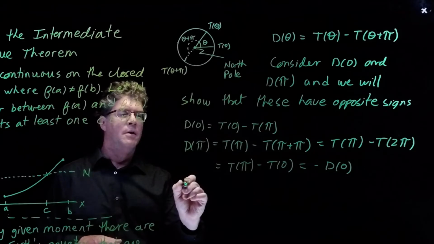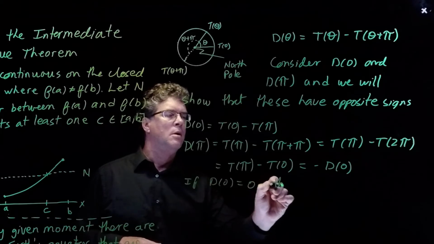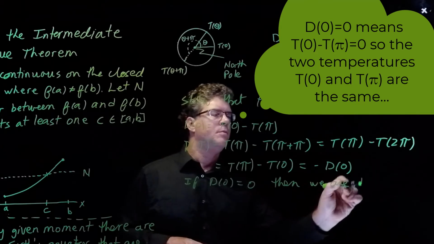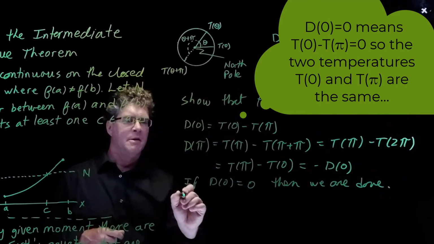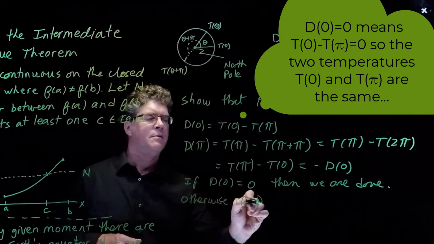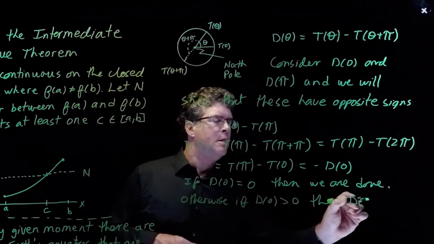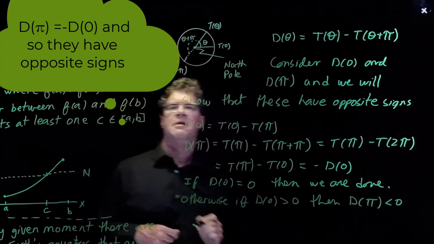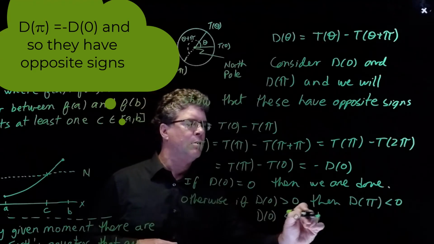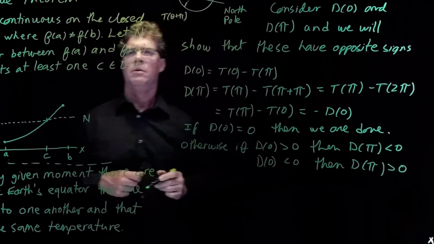So if d of 0 is equal to 0, then we are done. Otherwise, if d of 0 is greater than 0, then d of pi is less than 0. Or, if d of 0 is less than 0, then d of pi must be greater than 0.